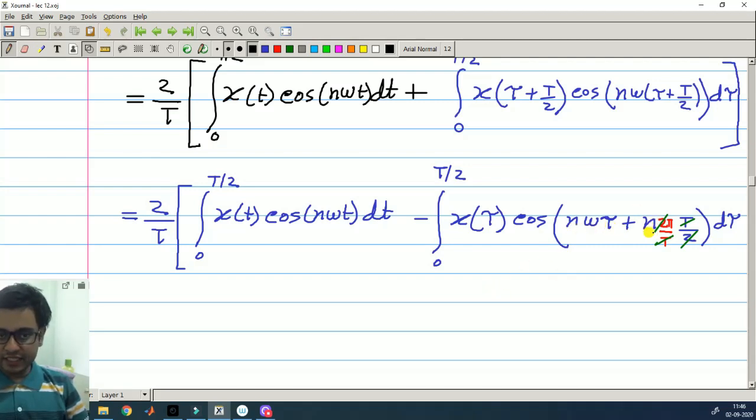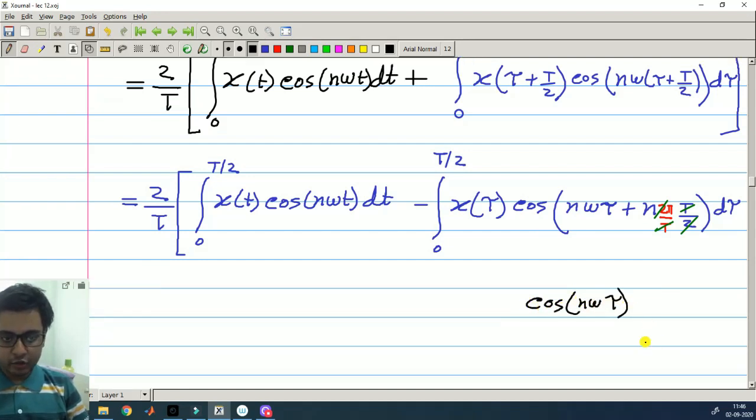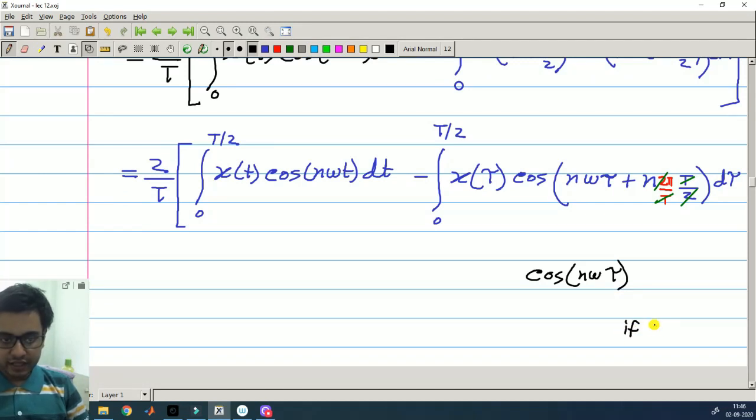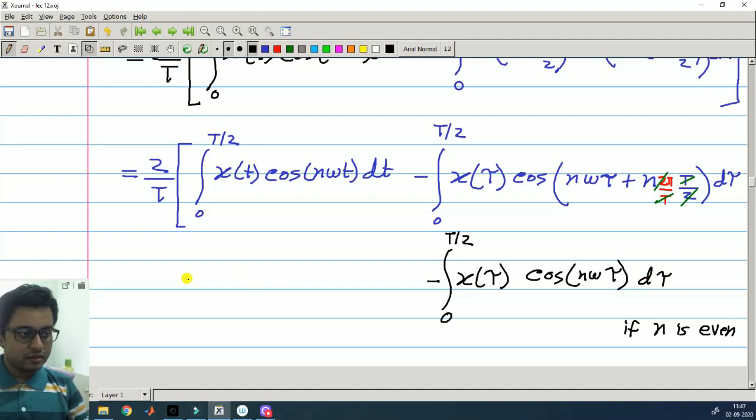Now if n is an even number, then this n pi will have no effect, so this you can write as cosine n omega tau only, provided n is even. Okay, and then keep the other terms as they are. This also as before.